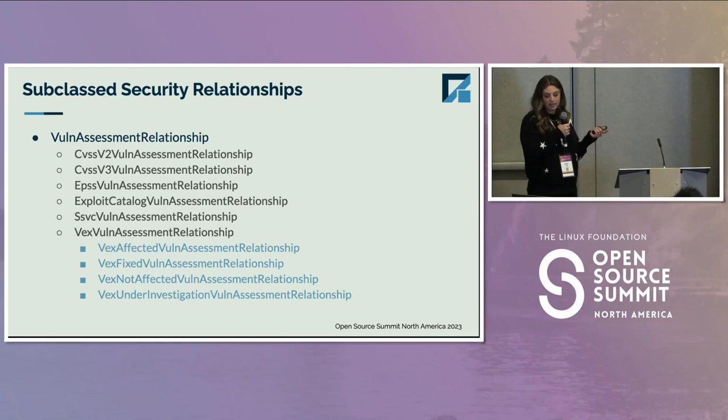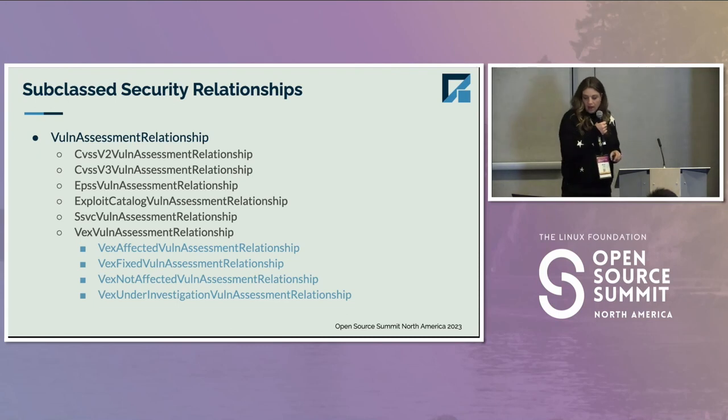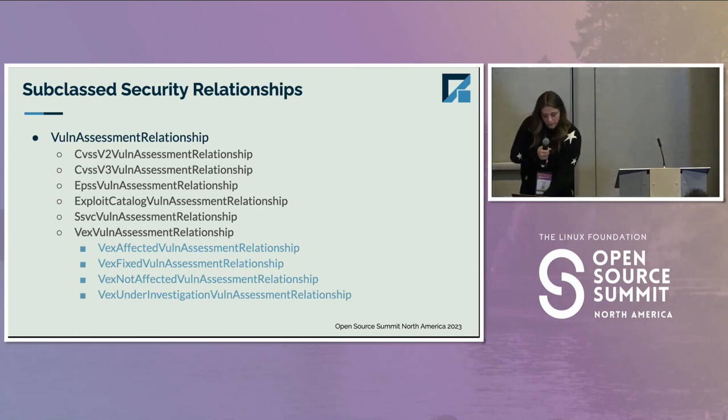So CVSS v2, CVSS v3, EPSS, et cetera. And then we have this VEX vulnerability assessment relationship, and inheriting from that are the different types of VEX status relationships. So there's fixed, not affected, under investigation, and affected, and Adolfo will go over those in just a bit.